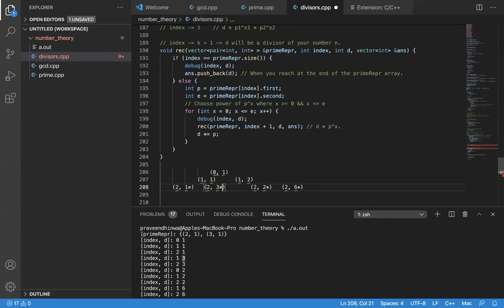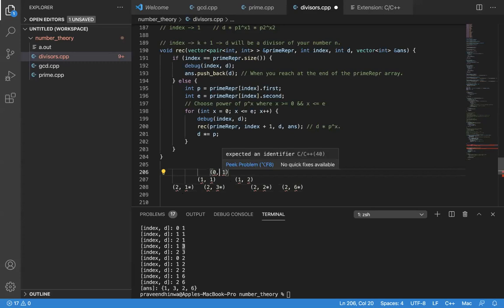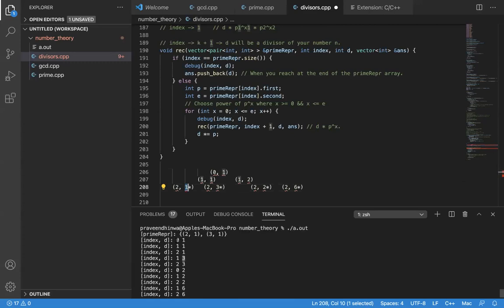So how will it print? The printing order would be, it will go from 0, 1 to 1, 1, then to 2, 1, and it will print 1. So if you see here, from 0, 1, it went to 1, 1, then it went to 2, 1, and from 2, 1, it went to 1, 3.